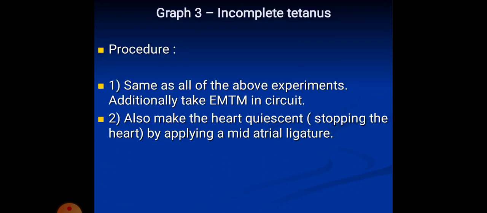Third and the final graph is incomplete tetanus. The procedure is the same as all of the above experiments. Additionally take EM, TM in circuit, and also here we have to make the heart quiescent, that is stopping the heart by applying a mid-atrial ligature. So you have seen the graph of incomplete tetanus, this is from the journal.